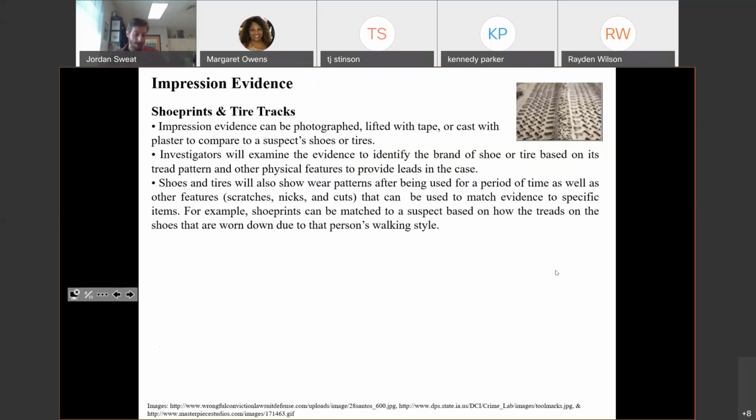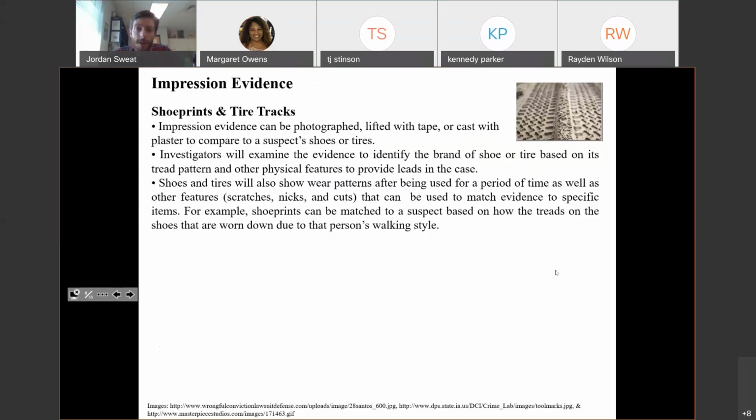If the ground is soft, it will take on the actual impression of your shoe print or the tire tracks of the vehicle you're driving. If they're good enough quality, they can simply be photographed and we can tell all the details we want just by the photograph.